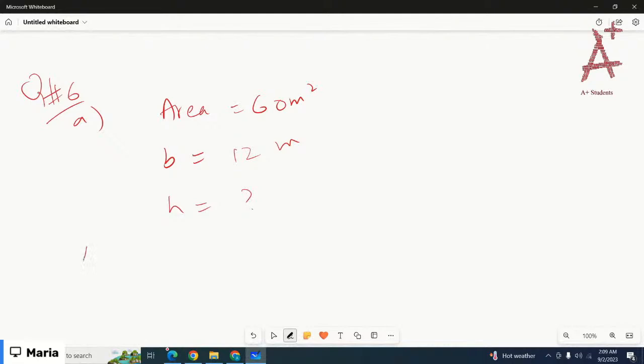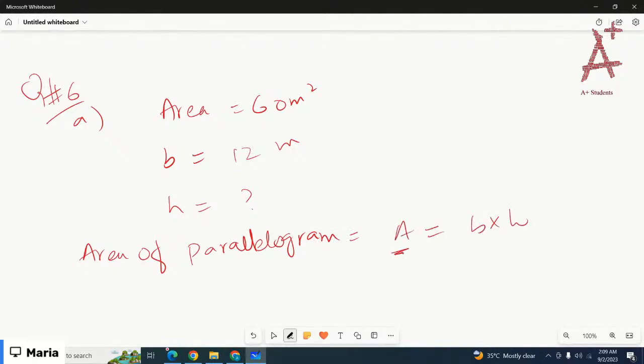We know that the formula for the area of a parallelogram is A equals base times height, right? You are given the value of area, that would be 60. You are given the base, that would be 12. You have to calculate the value of h, right?